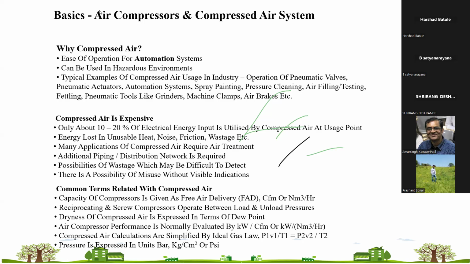Then there is the pressure ratio term. There are multiple types of compressors, reciprocating, screw and others. We'll be covering the types of compressors in the next slide. Another term is the pressure ratio, which is the ratio of load pressure and unload pressure, a main criteria for the performance of your air compressor.